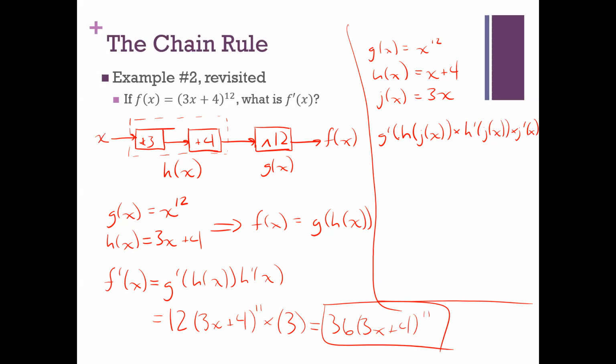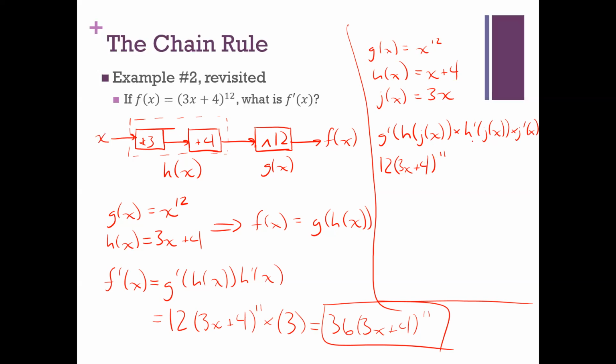So now let's actually evaluate these things. We said that g prime is 12 times something to the 11th. In this case, what's that something? h of j. h is x plus 4. That means h of j would be 3x plus 4. So it still looks about the same, right?